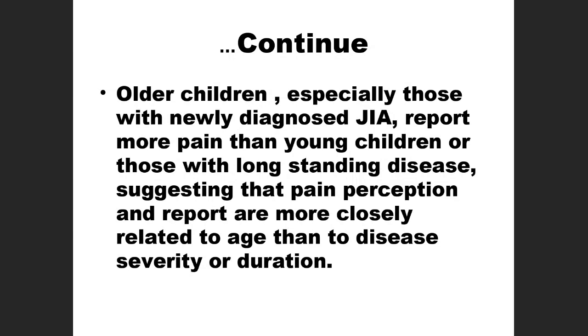Older children, especially those newly diagnosed with JIA, report more pain than the younger children or those with long-standing disease, suggesting that pain perception and report are more closely related to age than to disease severity or duration.